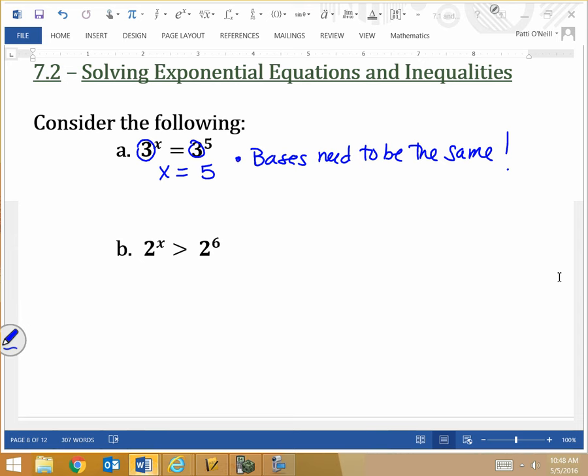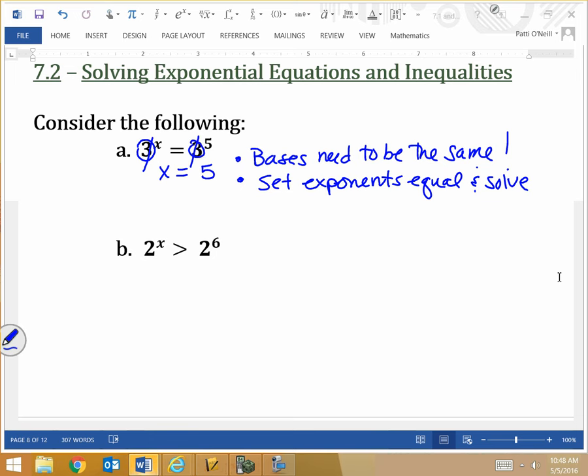Then once the bases are the same, all we have to do is set exponents equal and solve. So you basically forget about the bases after the fact. Once you set them equal to each other, it's almost like they're not even there, and our new equation becomes the two exponents equal to each other. The same idea is going to happen with the inequalities.